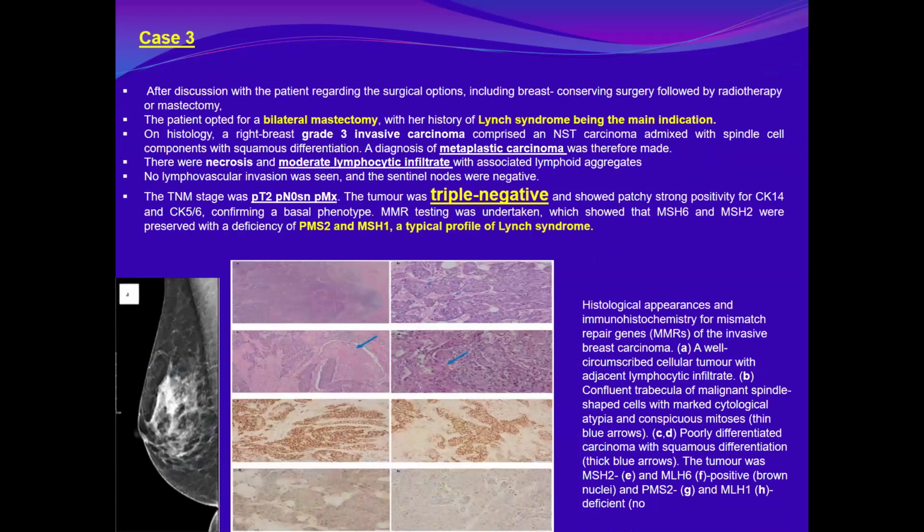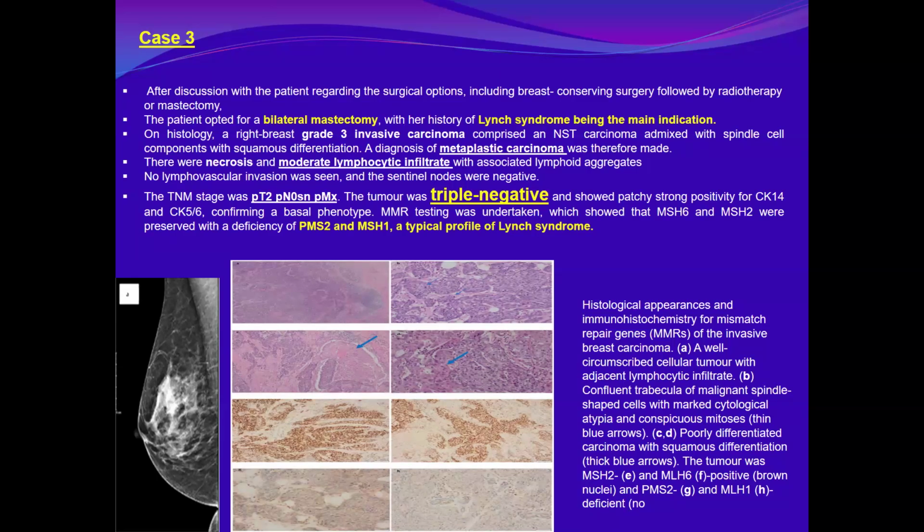But because of the risk factors of the patient, Lynch syndrome, the multidisciplinary team suggested bilateral mastectomy instead of only treating her right breast, and post mastectomy revealed triple negative.